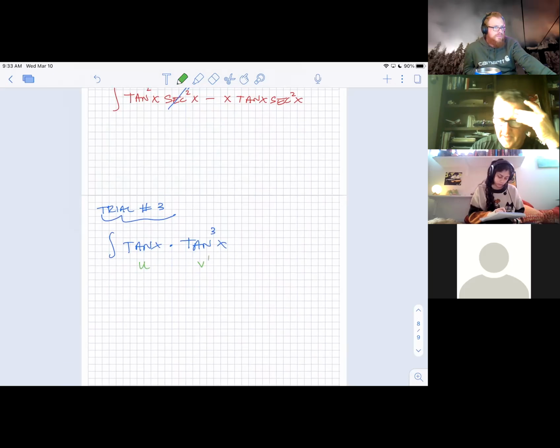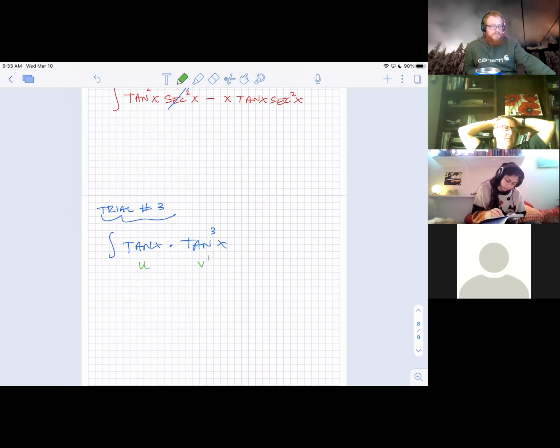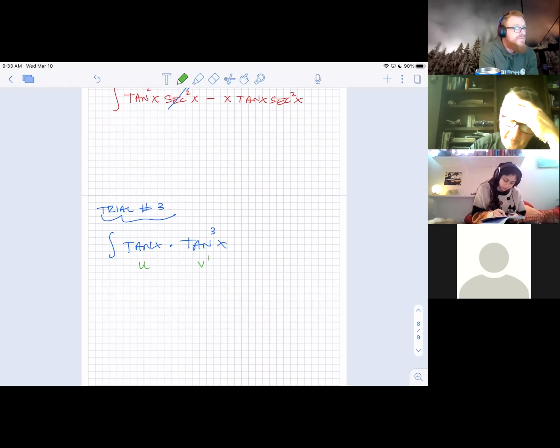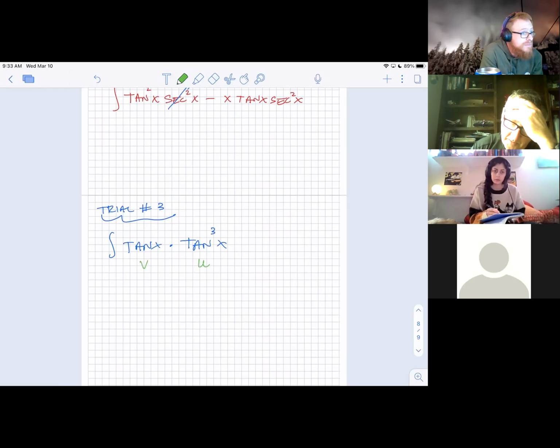The integral of tangent cubed. Is that easy or is that hard? Well, it seems like it's going to turn into tangent to the 4th. So my gut reaction is that's terrifying. I'd rather take the derivative of tangent cubed. So I'm going to try that.